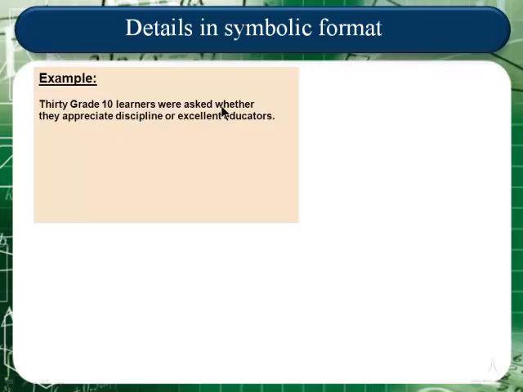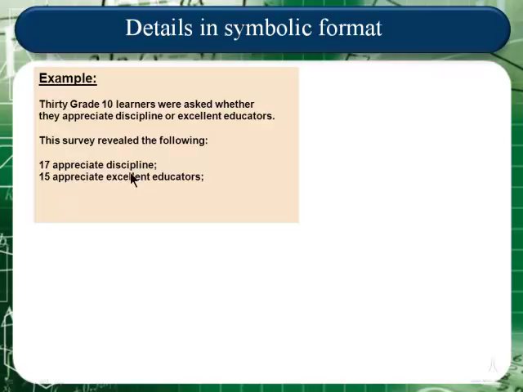Let us look at the details in this problem in symbolic format. We were given that the problem is about 30 grade 10 learners, and they were asked whether they appreciate discipline or excellent educators, and the survey revealed the following. 17 appreciate discipline, 15 appreciate excellent educators, while 5 said they appreciate both, and we had to determine how many appreciate neither.